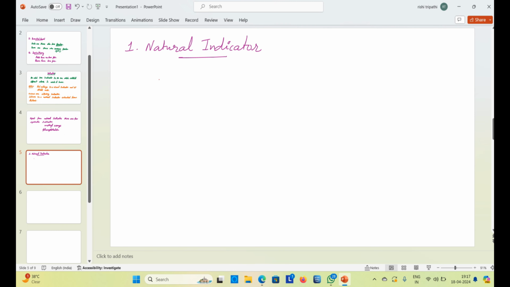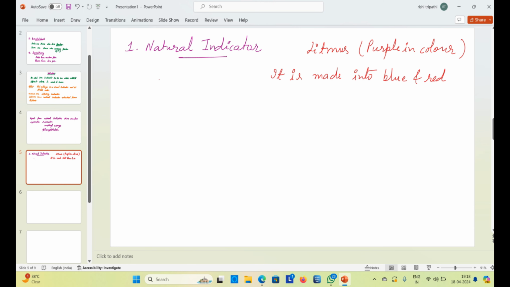Natural indicator is the litmus, purple in color. It is made into blue and red color for detecting color changes.